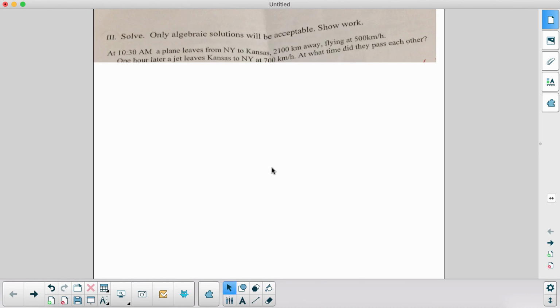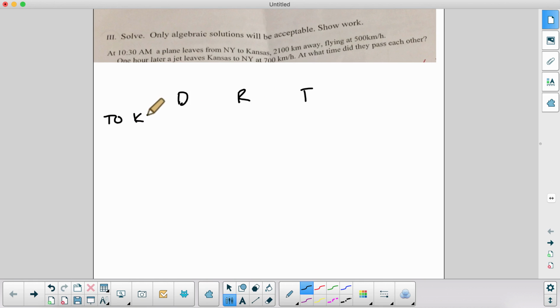All right, so we're going to go ahead and make a table: distance, rate, time, to Kansas City and to New York.